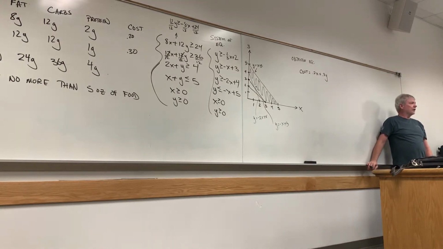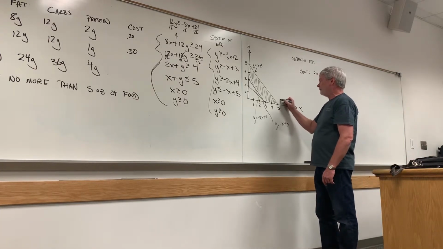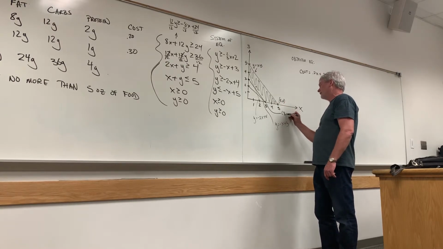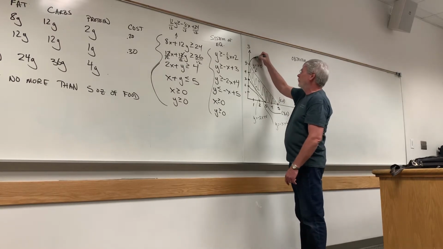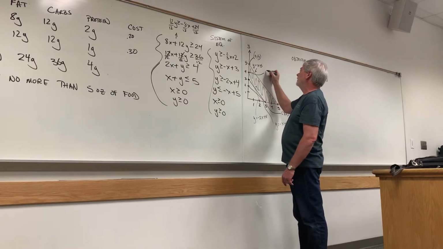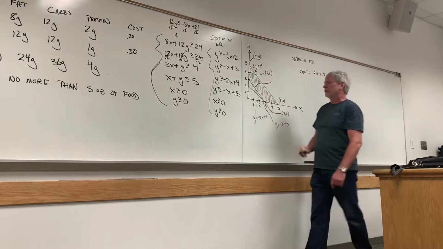I need my critical points. I have a critical point right here at 5, 0. I have a critical point right here at 3, 0. I have a critical point right here at 0, 5. I have another one right here at 0, 4. And I have my last one right here in between.